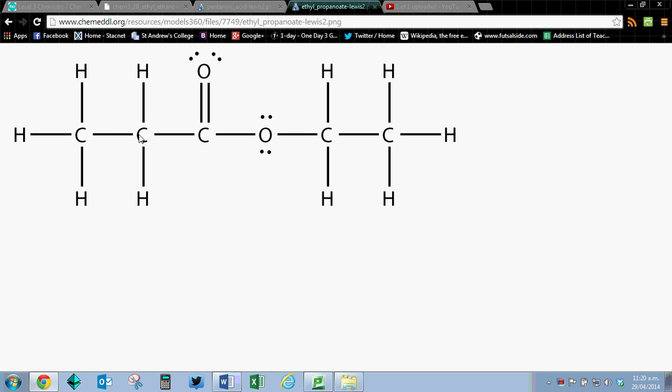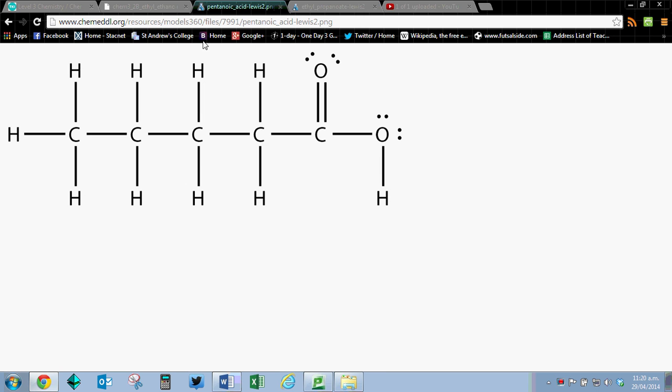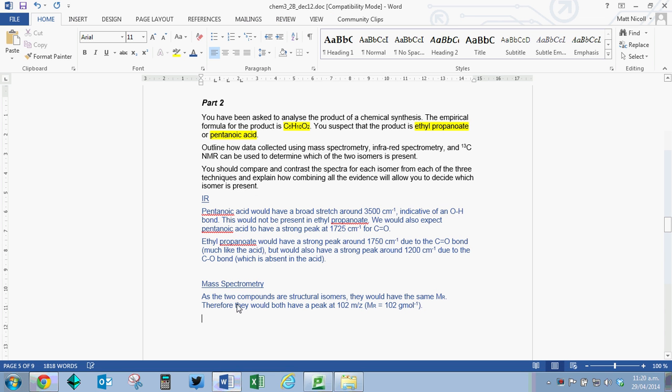So 12 plus 12 plus 12 plus 16 plus 1 plus 1 plus 1 plus 1 plus 1 is 57. So it's going to have a peak at 57. This one is not going to have a peak at 57. So that's another way that I could use mass spec.